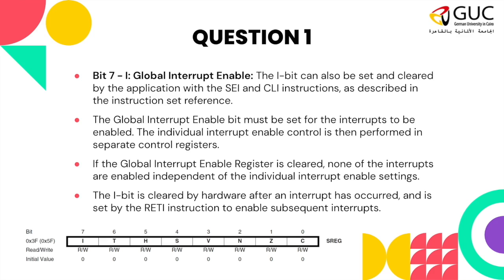Okay. So actually, if I was executing my program and I have two interrupts, interrupt X and Y, which can be triggered, I enabled the global interrupt enable, and I enabled the local interrupt for interrupt X and interrupt Y in their respective registers, and I was executing my normal program, and then interrupt X was triggered. What will happen?